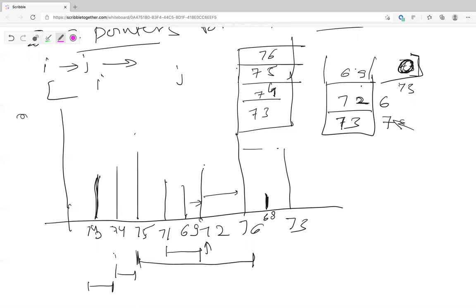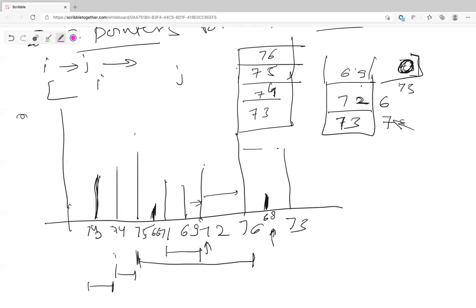So I'm asking you, let's say I have 68 over here. Then 68 will not be useful as such. But let's say I had 66 over here.